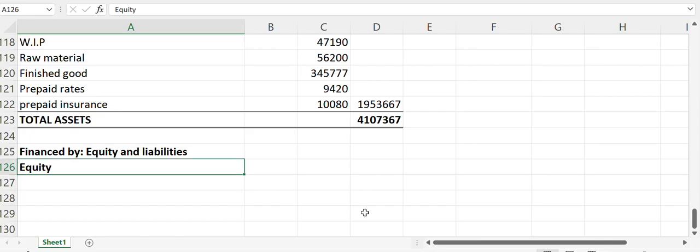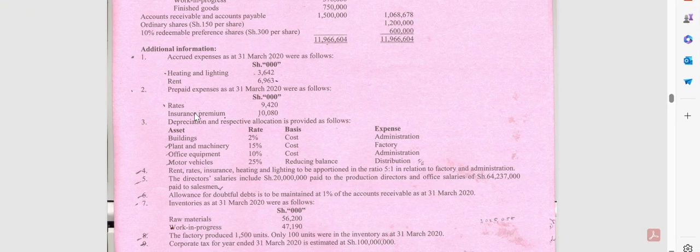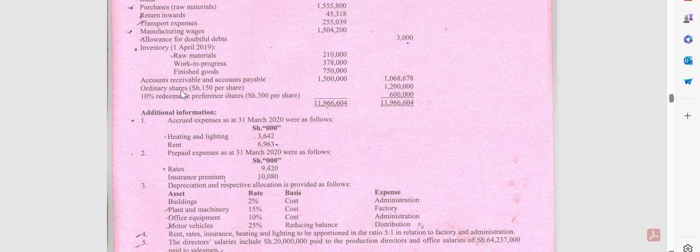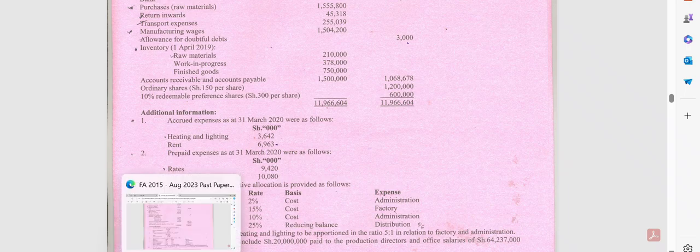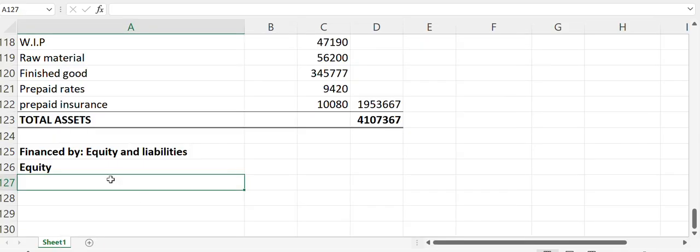So under equity we have a couple of items. Here we are going to check the credit side. We have ordinary share capital.